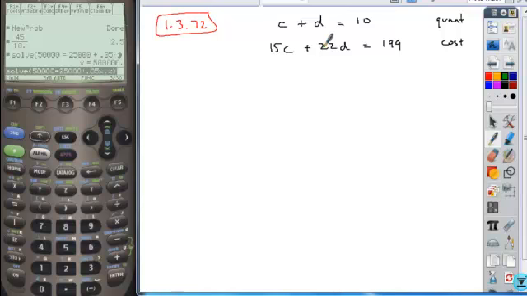All right. So in this case, let's say we solve for D. If we took our first equation and solved for D, D is equivalent to 10 minus C. So however many CDs we bought, 10 minus that number represents the D's. So if I substitute that in for this D here, I could then solve my equation.